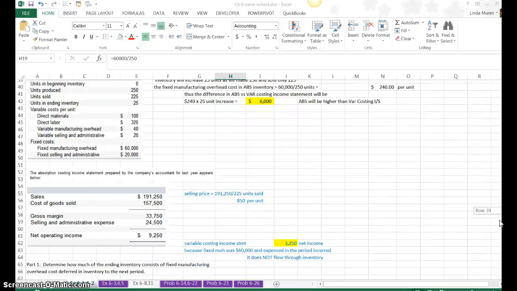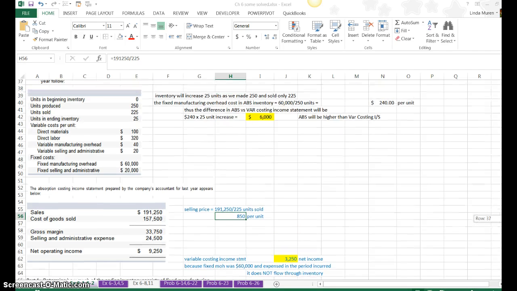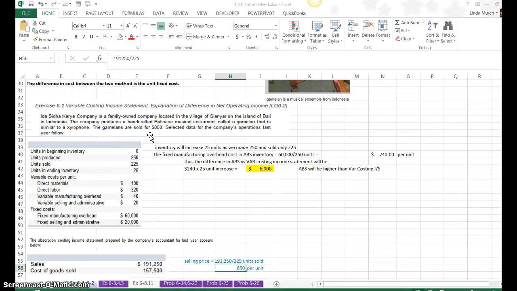Okay, so here you see an income statement. And again, if you look at what happened here, the $191,250, if you recall, they told us we sold them for $850 a piece. In the original scenario, we sold 225 units, so 225 times 850 is where the 191,250 came from.